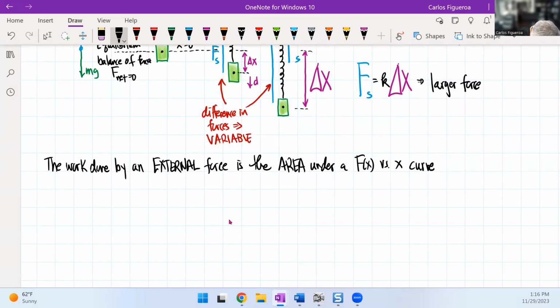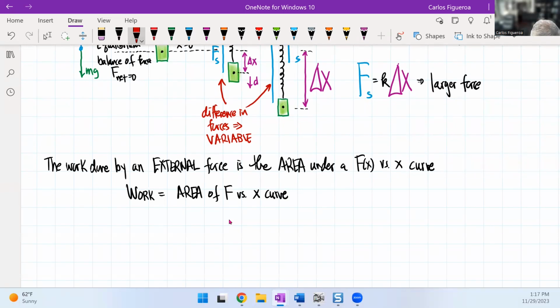So in other words, the work has to be the area, very similar to what we saw with the impulse. Impulse and work are very, very closely connected. So this is the area of the F versus x curve.